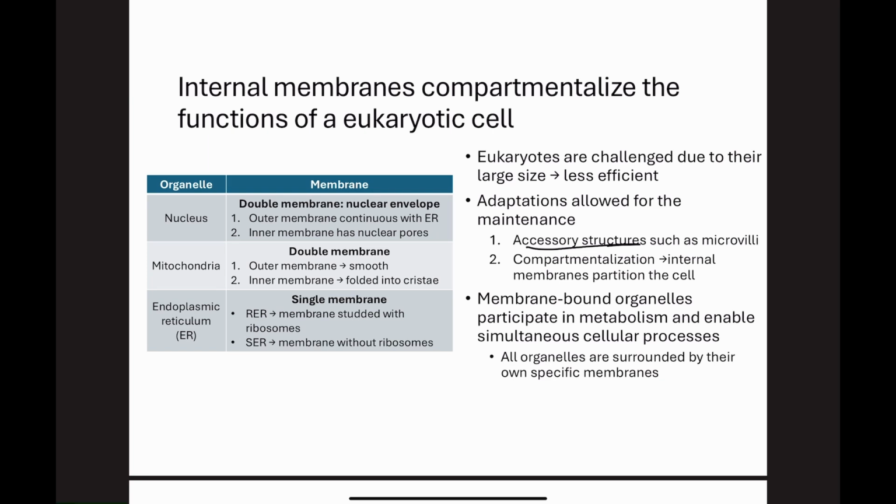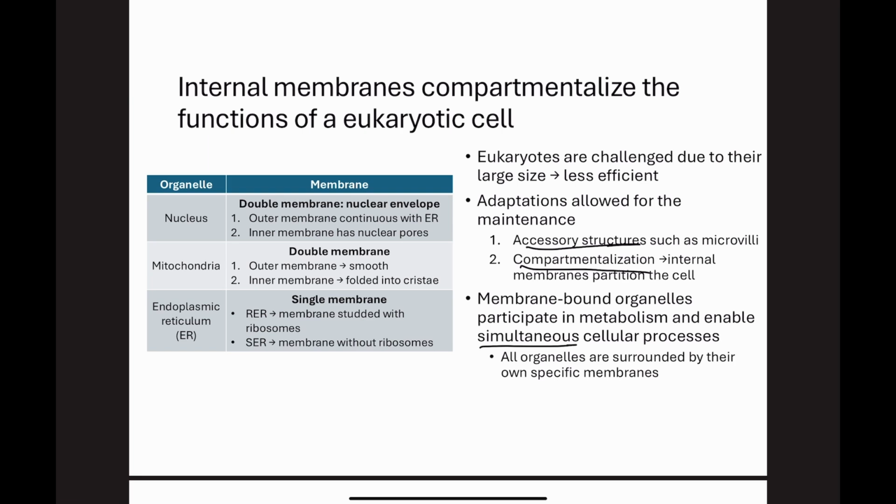Another adaptation that they developed is compartmentalization. What this means is that our eukaryotes started to compartmentalize their internal membranes, which then divided the cell's organelles into separate membranes. And these membrane-bound organelles allowed for more efficient metabolism because it allowed these cells to do a variety of metabolic processes simultaneously.